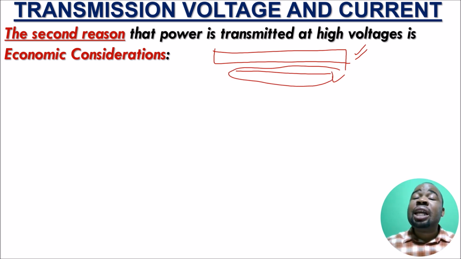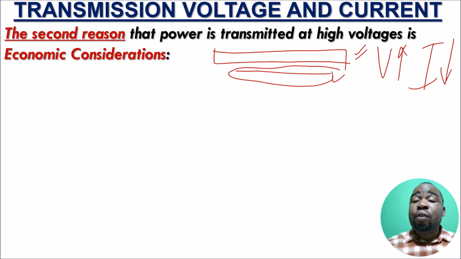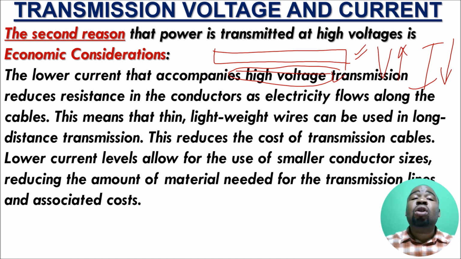So if we transmit our electrical energy as high voltage and low current, you'll probably use cables of reasonable thickness. This reduces the copper being put into the cable, which consequently reduces the cost of installation and the cost of transmitting electricity, which in turn reduces the cost of the electricity. So the major second reason is economical.